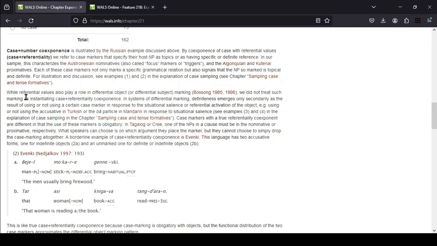In Tagalog or Cree, one of the NPs in a clause must be in the nominative or proximative, respectively. What speakers can choose is on which argument they place the marker, but they cannot choose to simply drop the case marking altogether. A borderline example of case referentiality coexponence is Evenki. This language has two accusative forms, one for indefinite objects and an unmarked one for definite or indefinite objects. Huh.